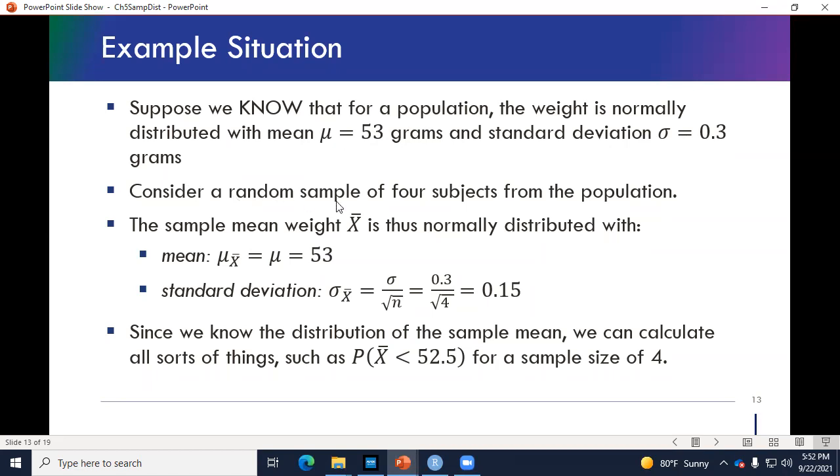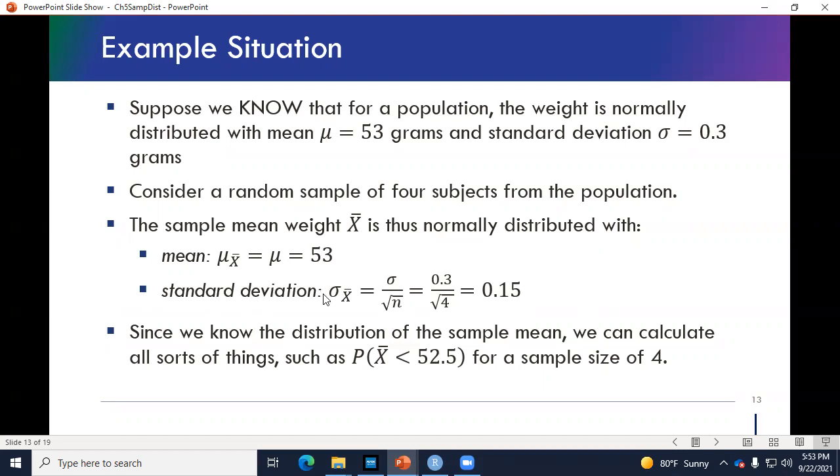Now we consider a random sample of 4 subjects from this population. So we get a sample of size 4. We get our data, and we can get the sample mean, where the sample has only 4 data points. We know this sample mean is also normally distributed. The mean of the sample mean is just the population mean, which is 53.